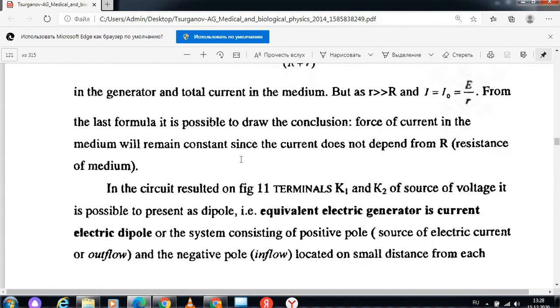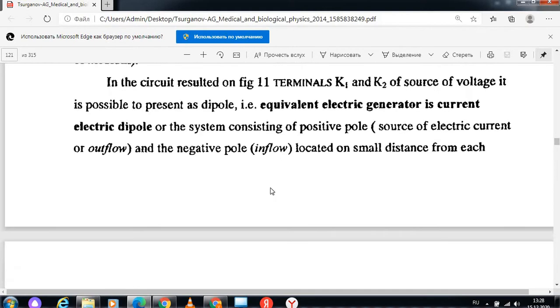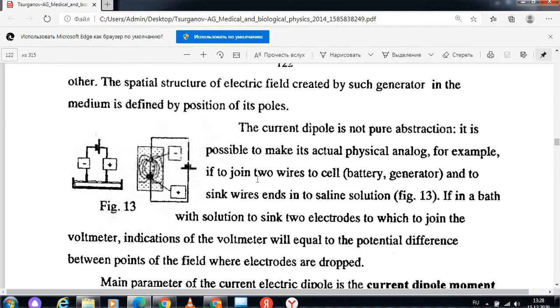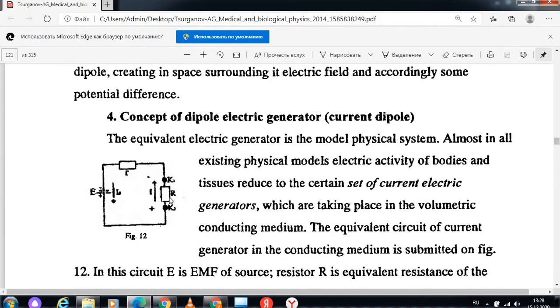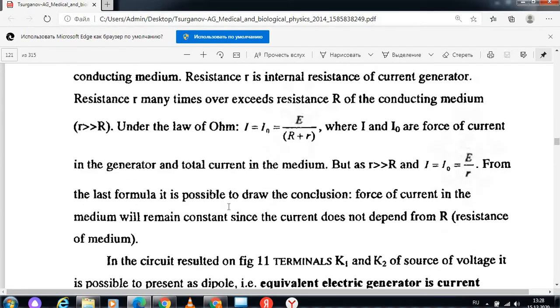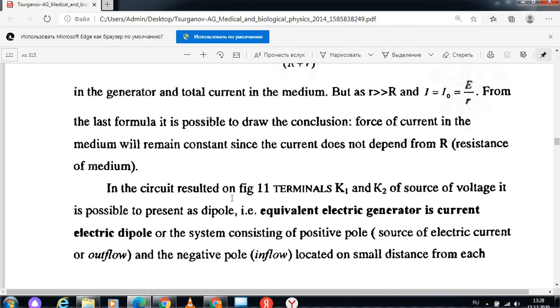So in this circuit shown in figure 11, with terminals K and K2 here, the source of voltage can be presented as a dipole.